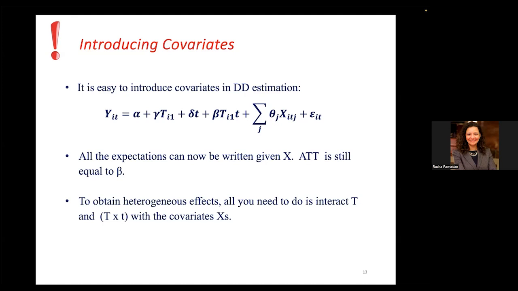This is interesting because if you have heterogeneous groups and you believe that some observable characteristics, some X's, can affect the impact of your training, you can interact this variable, this factor that you believe would have a heterogeneous effect on your outcome, with the T, the treatment, and the time variable to see this heterogeneous effect.